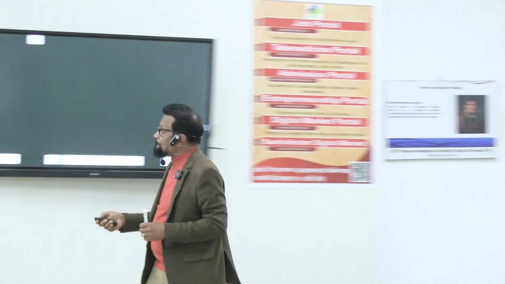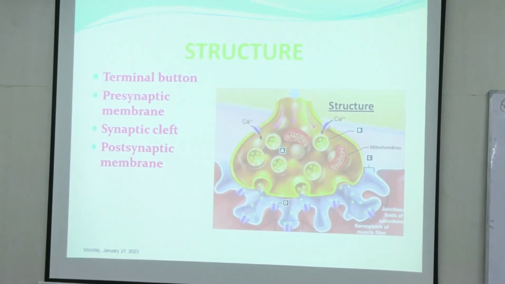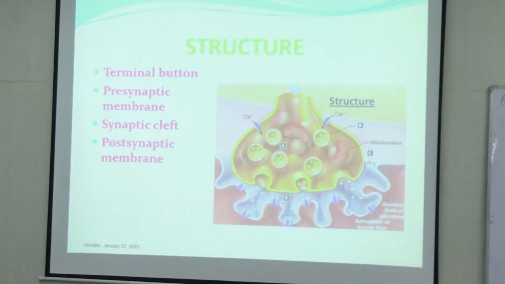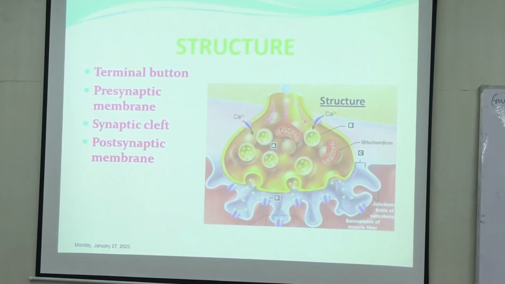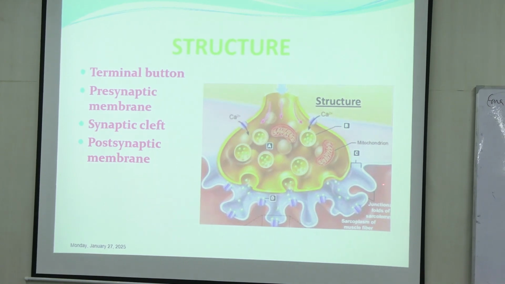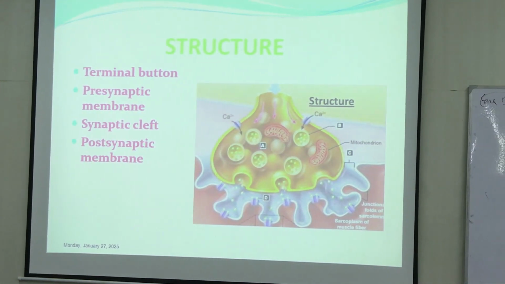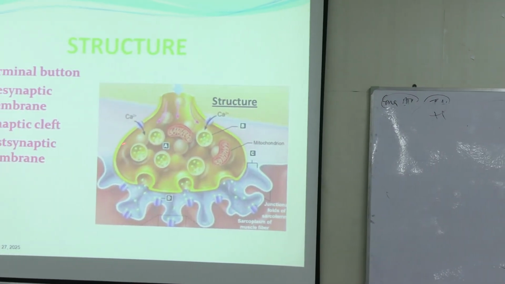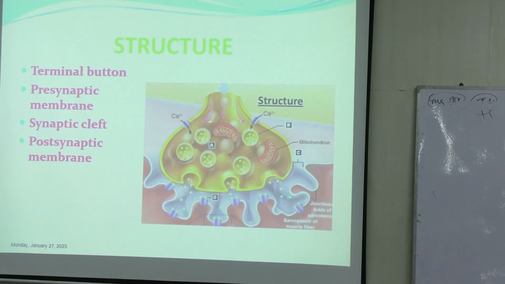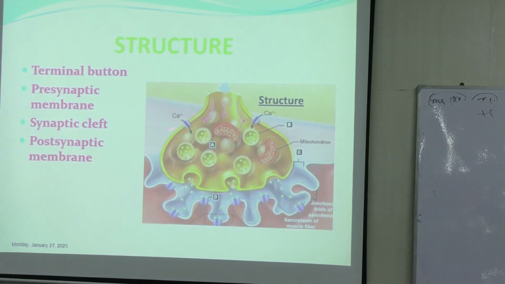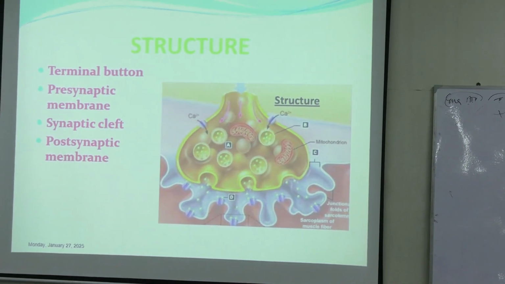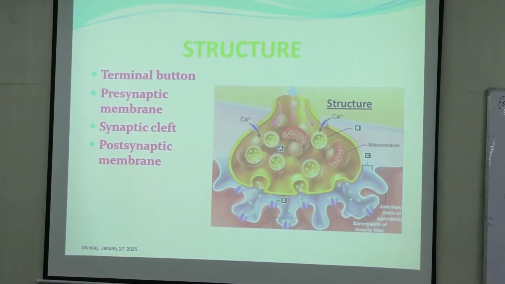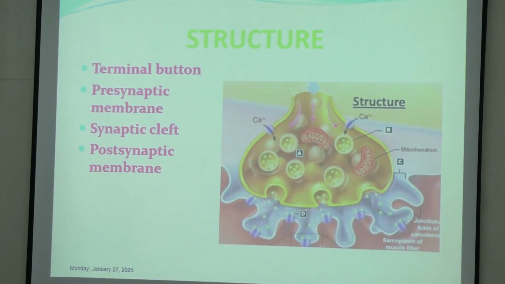These vesicles are to release their substance, acetylcholine, into this narrow space, the synaptic cleft. How will they be released? These vesicles are within the synaptic knob, where there are some cytoskeletons. These vesicles remain attached to the cytoskeleton.